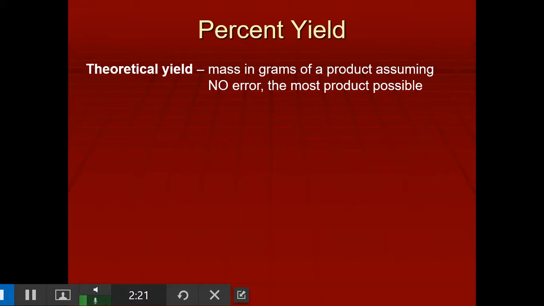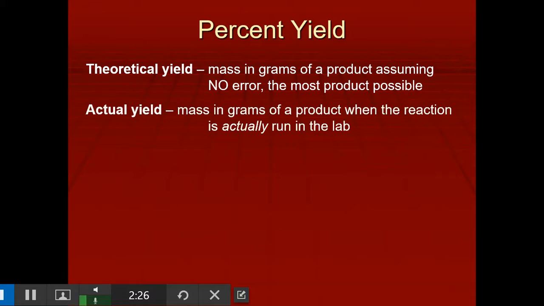Now, of course, we live in the real world where there is error, okay? And so another vocabulary term that we need to know is something called actual yield, meaning you go into the lab, you run this reaction, you measure the mass in grams of the product that you have created, using actual circumstances where there is error, where there are things that go wrong.